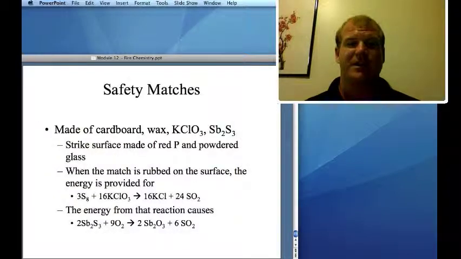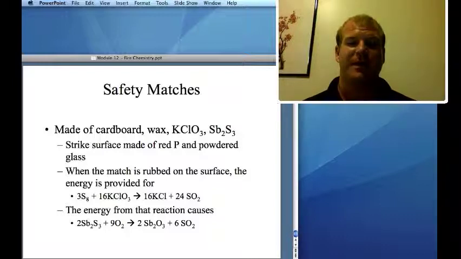A safety match, you have a little piece of cardboard. I guess it often looks more pressed and has wax present, potassium chlorate, and diantimony trisulfide. And so the strike surface on the back of the pack of the matches has red phosphorus in powdered glass. And so the surface, you rub it, you create friction.